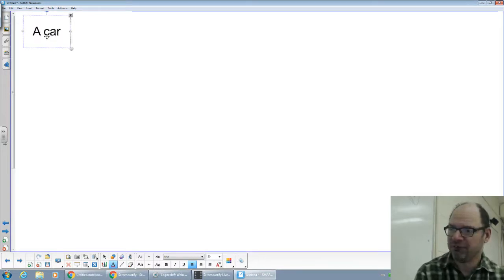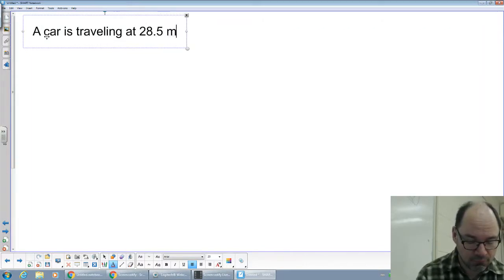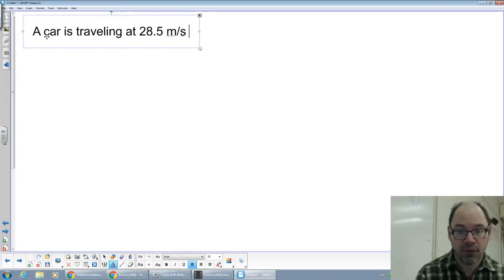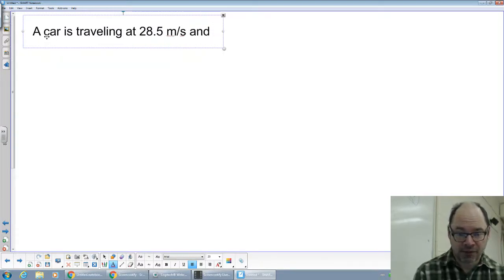A car traveling at, let's say, 28.5 meters a second, and brakes to slow down.